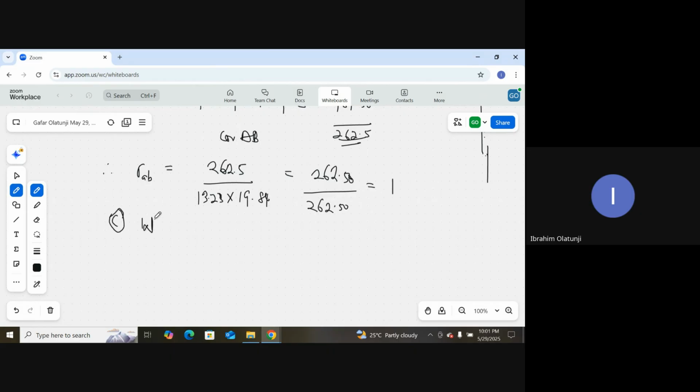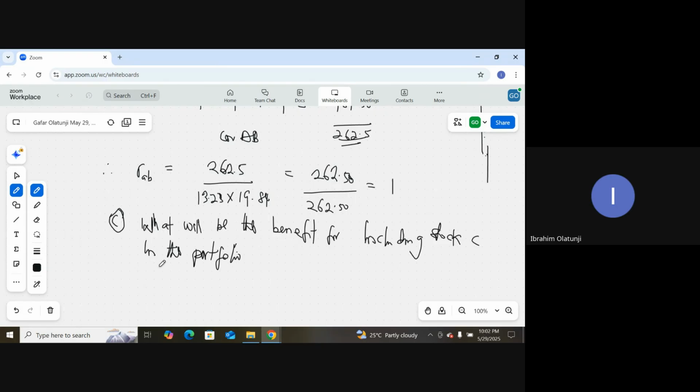Is it clear now? What will be the benefit for including stock C in the portfolio?